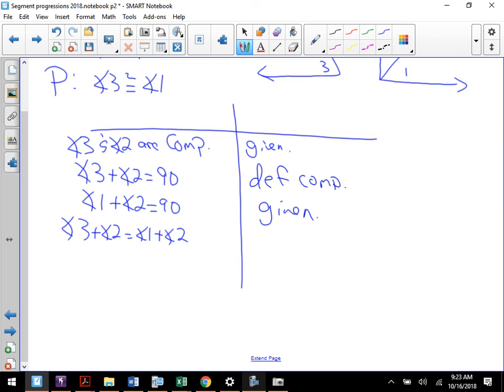What did you do? Good. I know we're writing really short here. What would you have to do now? What would you do? How do you do that? Subtraction. And then you have angle 3 equals angle 1. Then what do you do to show them that?